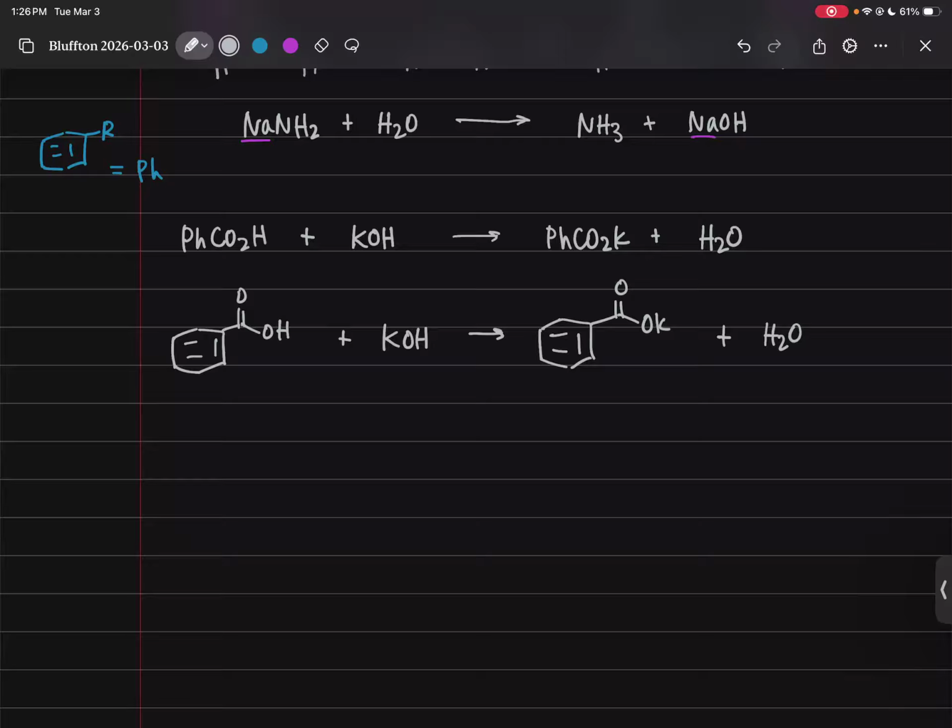Okay, so that's just expanded our condensed formula and our abbreviations into a skeletal structure.